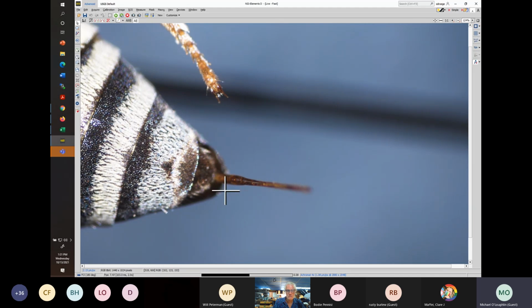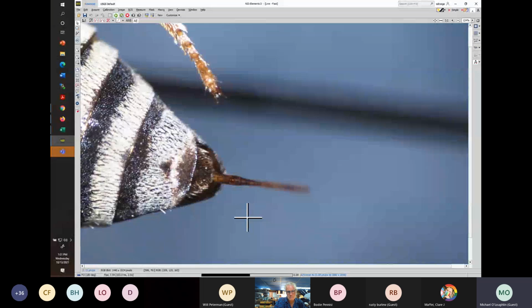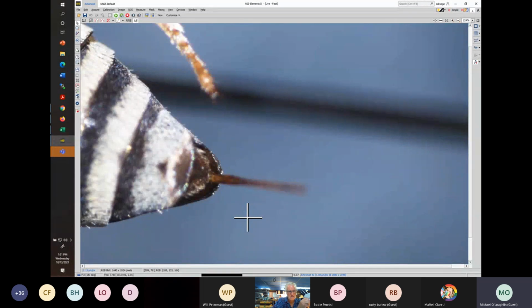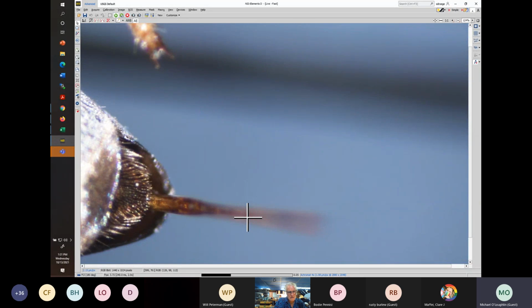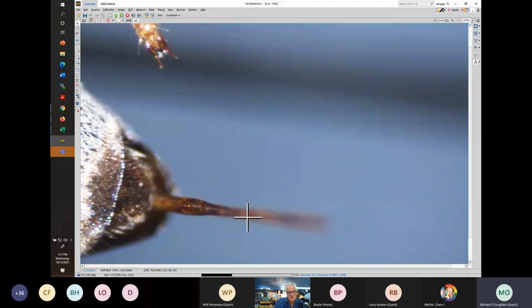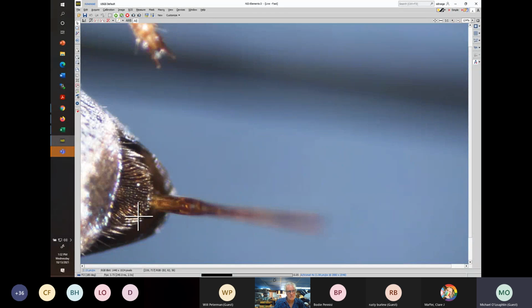Okay, there's the sting. Here's the tergites and sternite of the last segment. Let's see if we can see. I pulled the specimen on purpose because I believe the spoon-shaped, yeah, so I think the problem, these are those same segments here that we saw in the Triepeolus.